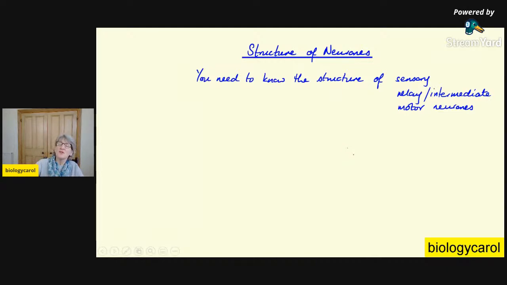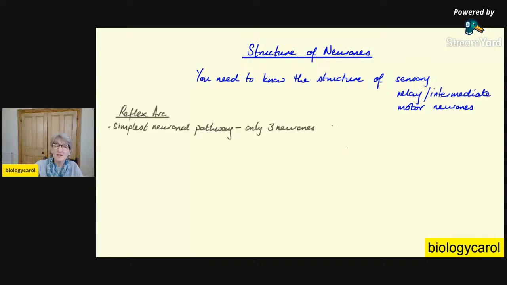So in terms of the structure of neurons, you need to know about sensory, relay or intermediate, either term will do, and the motor neurons. Now, really fortunately, taking you back to your GCSE, you have come across a neuronal pathway that is made up of just these 3 neurons, and just 3 neurons alone.